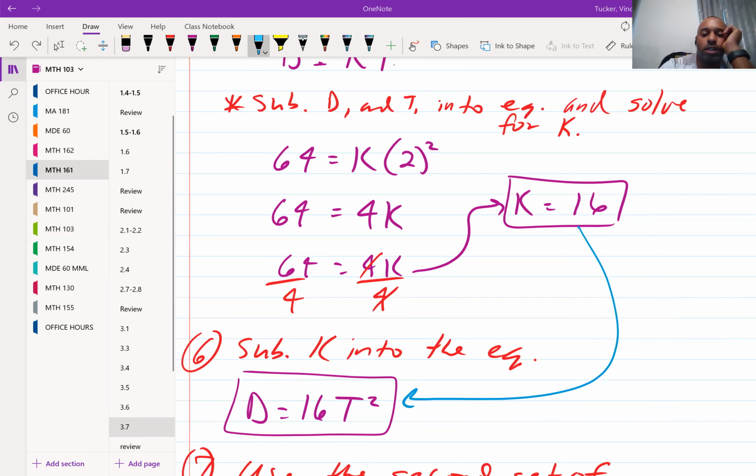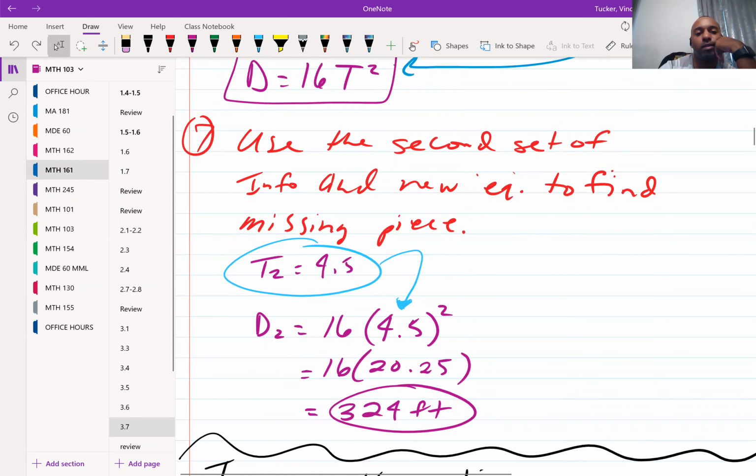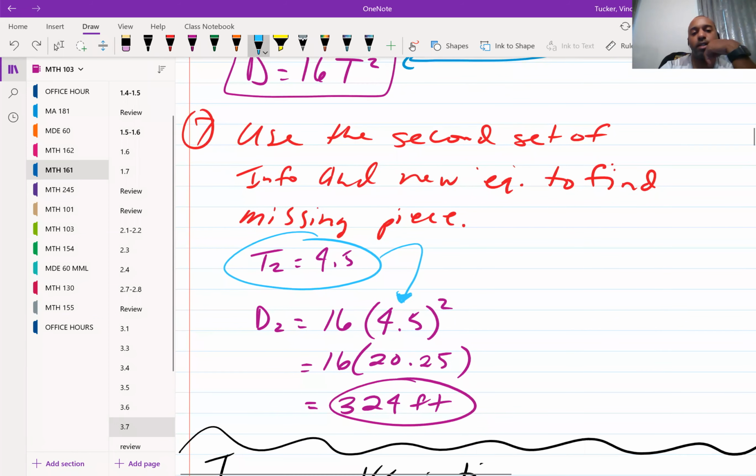Then you'll be able to use the second set of information to figure out the missing piece. All right. And that's the same for all of them. All right, so questions on anything before I move off this? Good, straight.